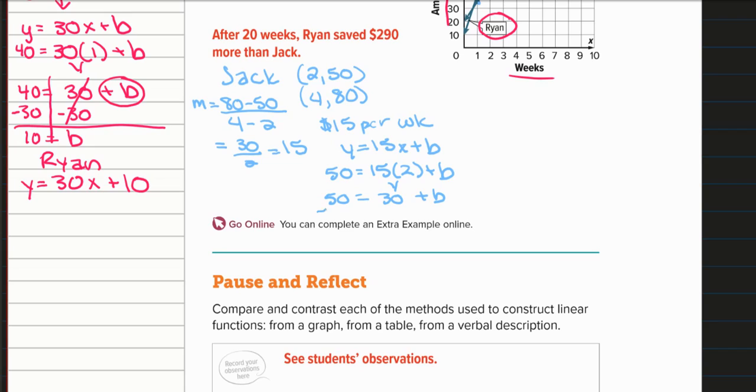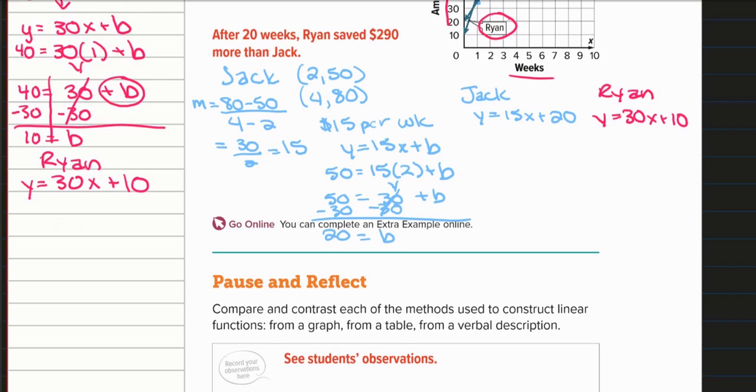We're going to write minus 30. So those cancel. We're going to end up with 20 equals b. So our equation for Jack is going to end up being y equals 15x plus 20. And now we can write Ryan, which is y equals 30x plus 10.